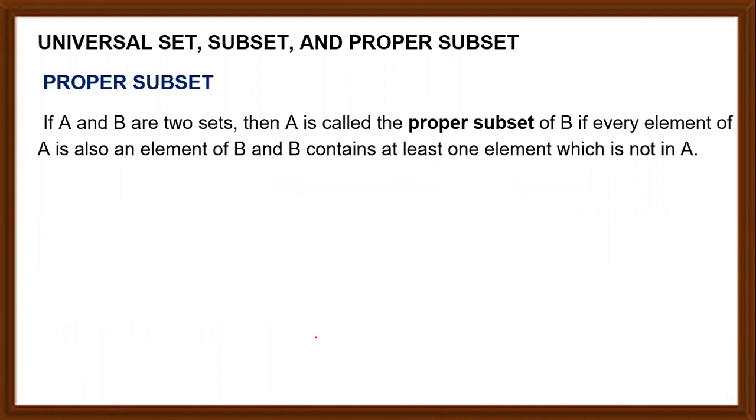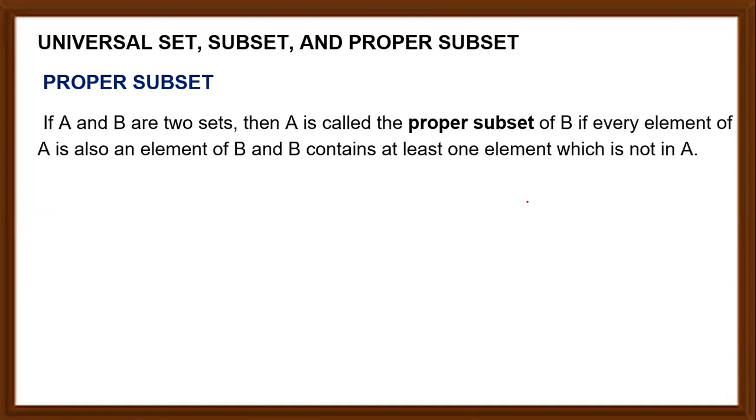Pag sinabi naman natin proper subset, if A and B are two sets, then we can say that A is called the proper subset of B. If, take note, kailan natin masasabing proper subset ang isang or yung dalawang set na yan? If every element of A is also an element of B, and B contains at least one.